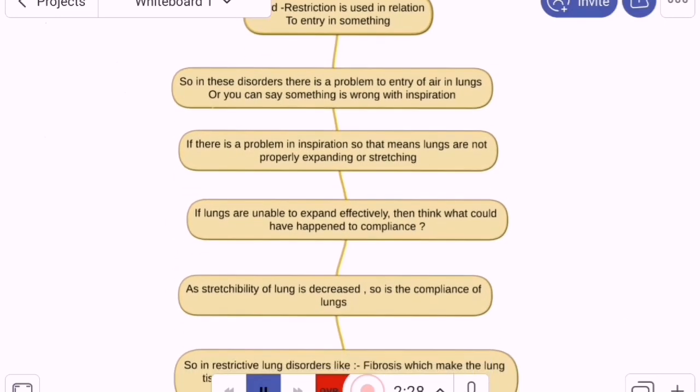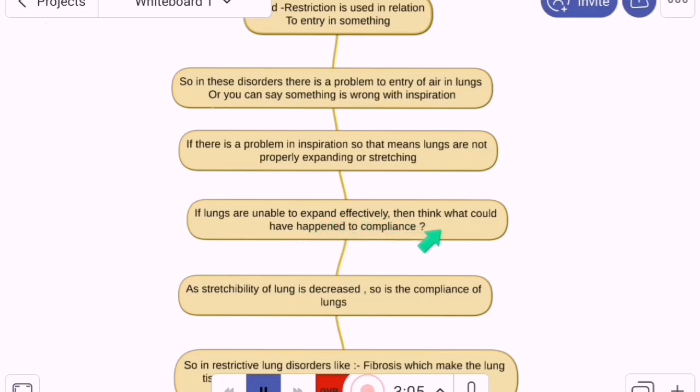Now, if the lungs are not properly expanding or unable to expand effectively, then think what could have happened to the compliance. As I have already told you, the real physical meaning of compliance is basically stretchability. The more the stretchability, the higher the compliance. But in restrictive type of lung disorders, there is a problem in expanding, there is a problem in stretching. And if stretching is decreased, think what could have happened to compliance?